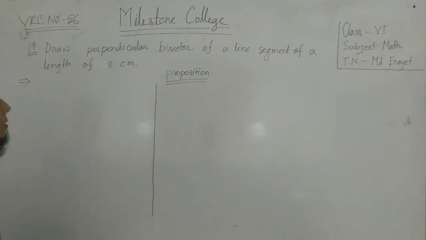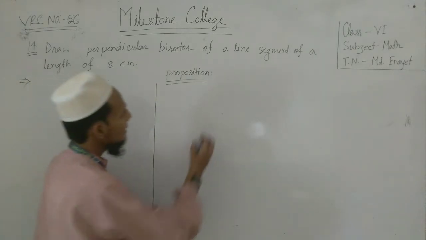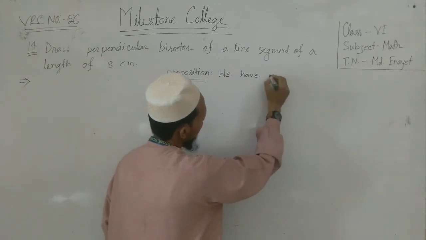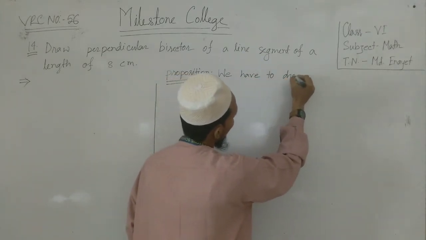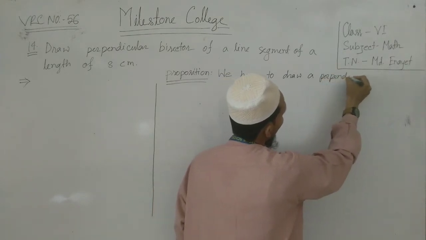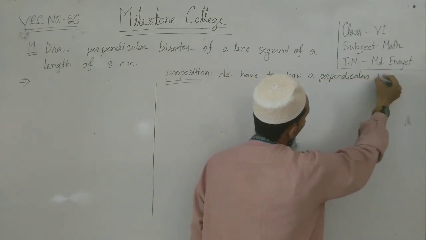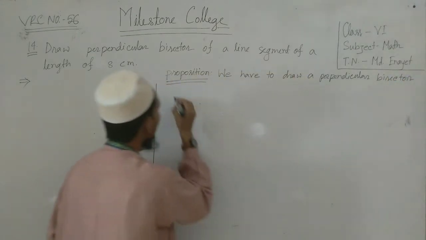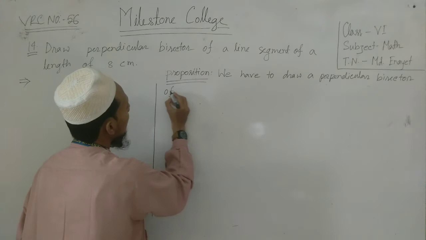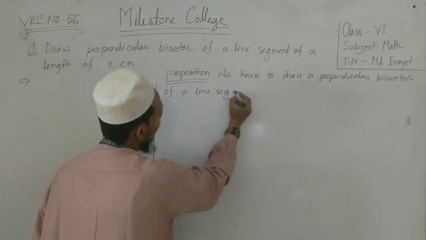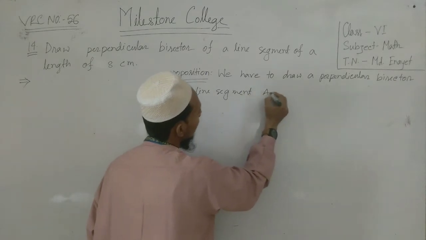Proposition: we have to draw a perpendicular bisector of a line segment AB.